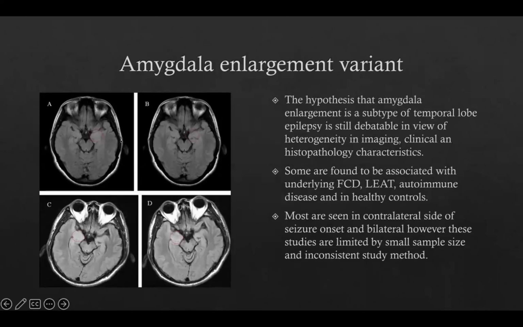You might see the amygdala is a bit larger than the contralateral side, but it can still be related to underlying FCD, tumor, or autoimmune causes, and it is even found in healthy controls. So it's still debatable, and more research will be needed, as the current research usually involves a small sample size with inconsistent study methods.